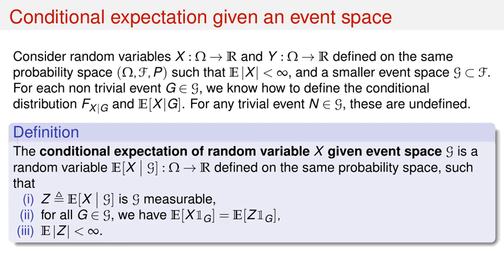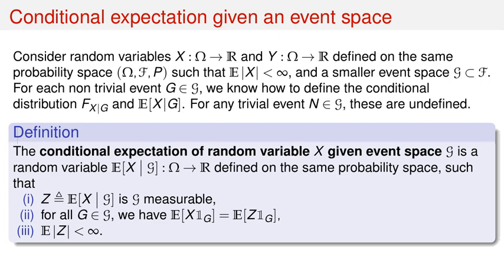So we define the conditional expectation of random variable X given the event space script G. This is itself a random variable, which we denote the expectation of X given script G, mapping Omega to the reals, defined on the same probability space. It must satisfy three properties.